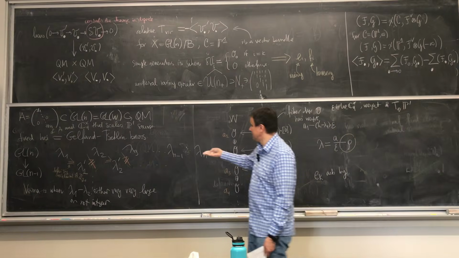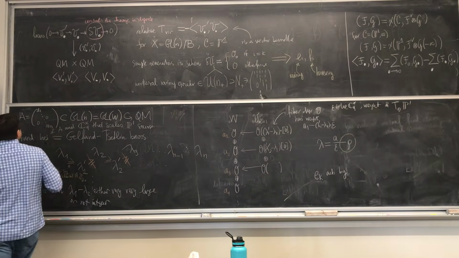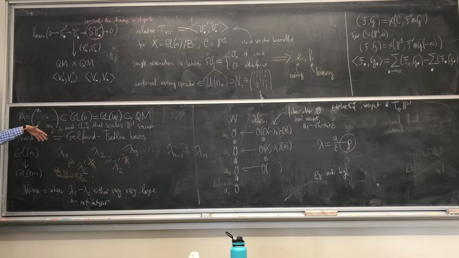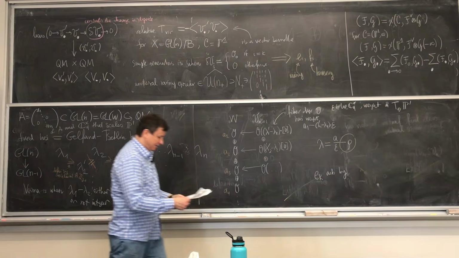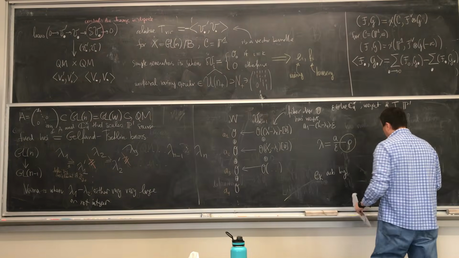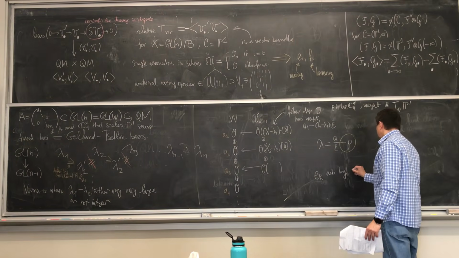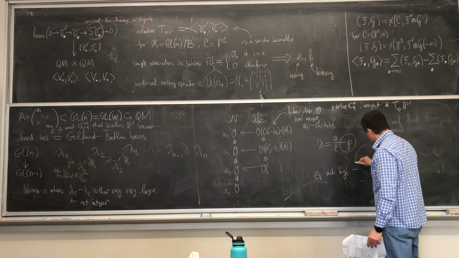So I have this class of fixed point. I pull it back. I hit it with the Euler class of some bundle, and I push it forward. Right. So then what am I supposed to do? I take, conventionally, minus, this is conventional.